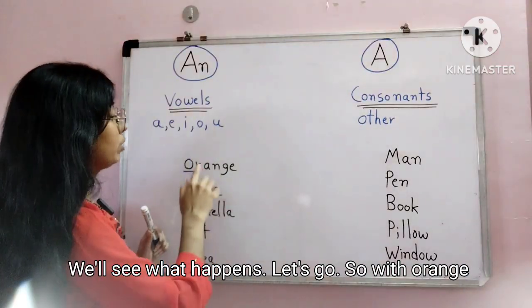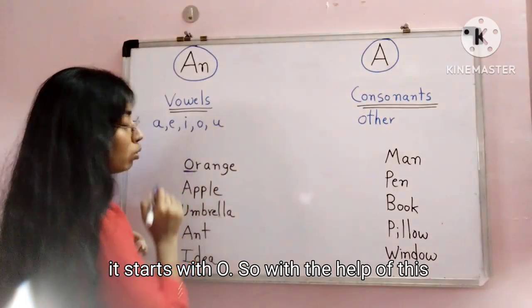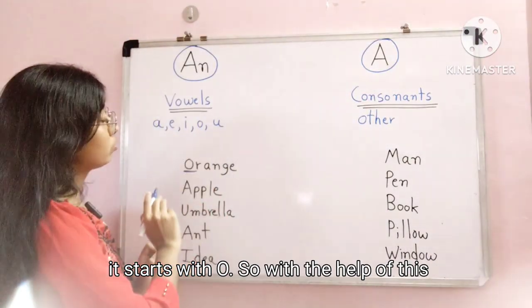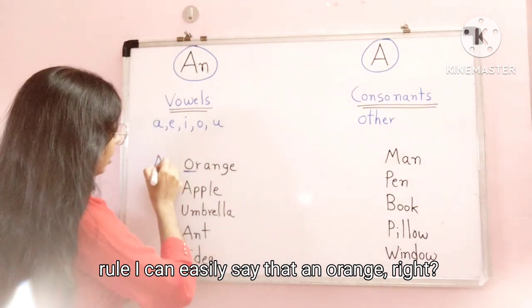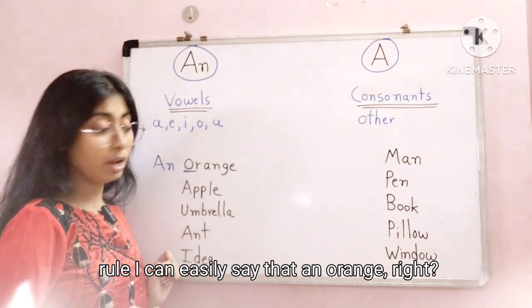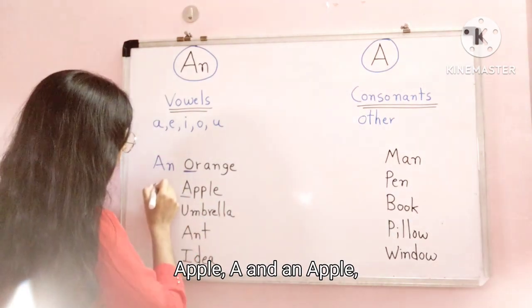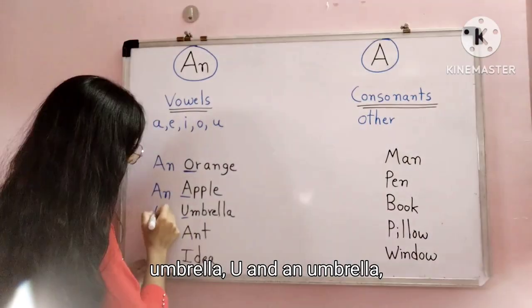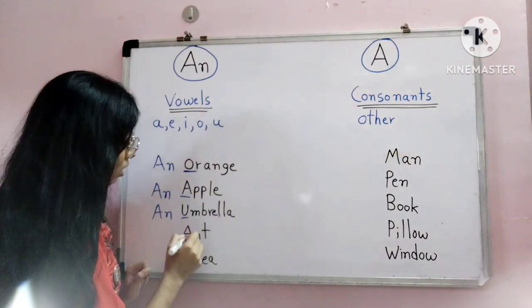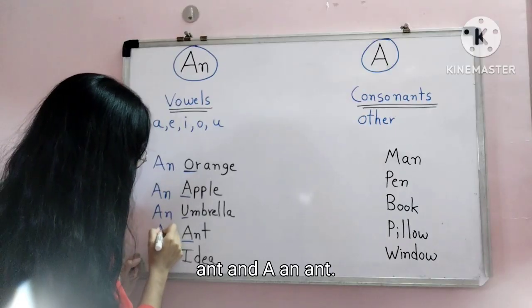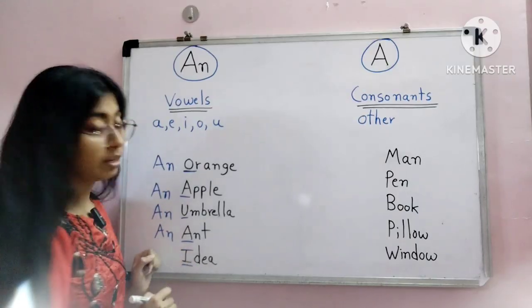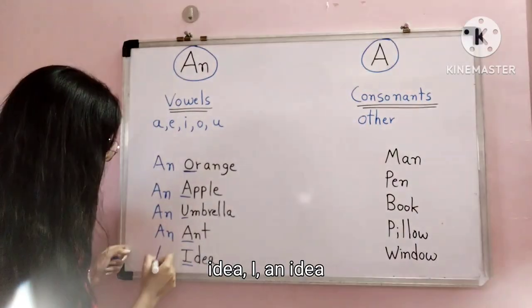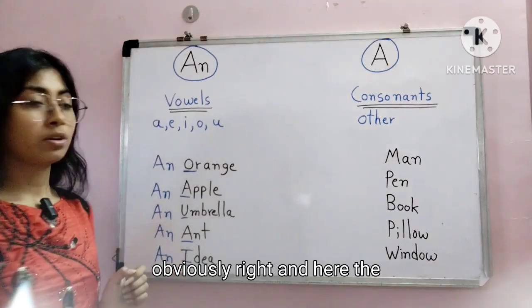So with orange, it starts with O. So with the help of this rule, I can easily say an orange, right? Apple, A, an apple. Umbrella, U, an umbrella. Ant, A, an ant. Idea, I, an idea, obviously, right?